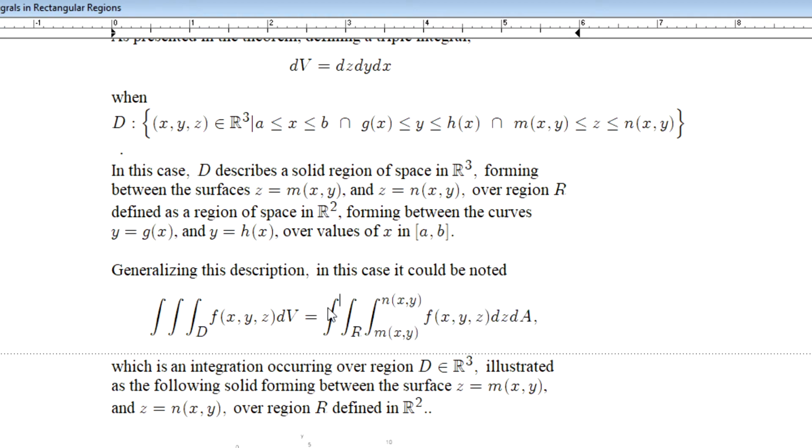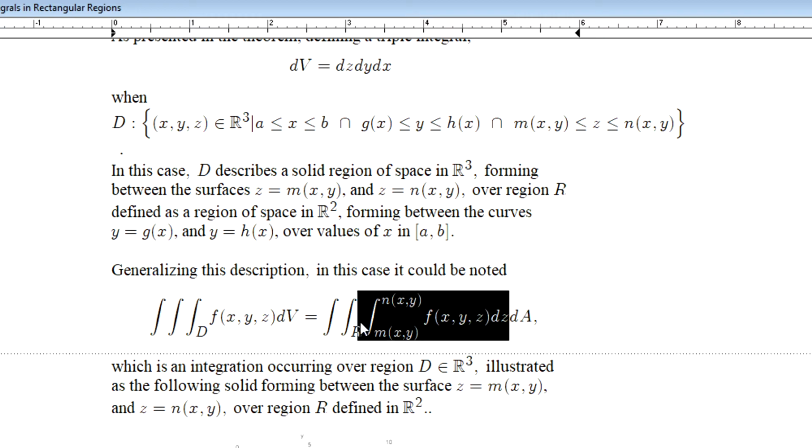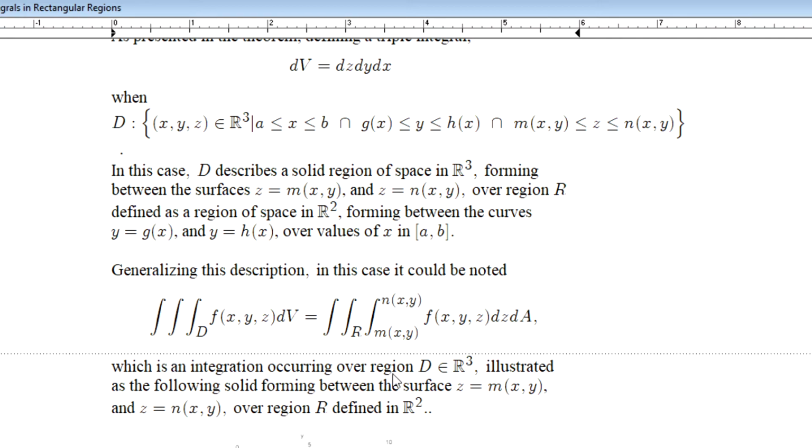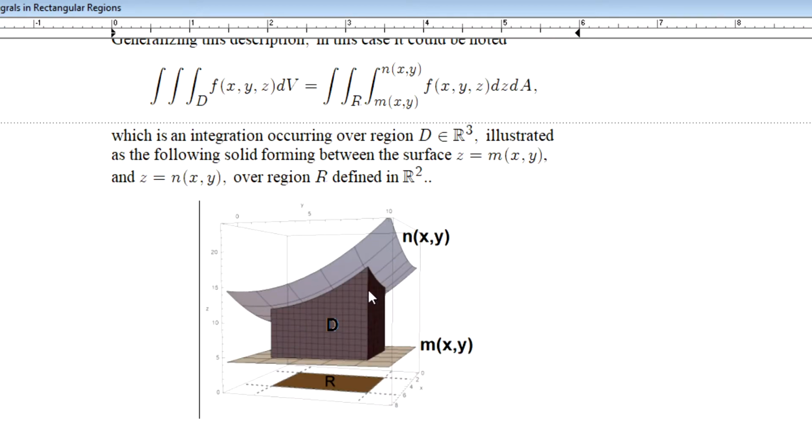As we had noted, it really is just our double integral over R, performed on the single integration of our multivariable function f in four-dimensional space, that hypersurface, across these surfaces m of x comma y and n of x comma y in 3 dimensions, which is an integration occurring over region D, illustrated as the following solid. Here's the illustration of the region over which we're calculating in our theorem.